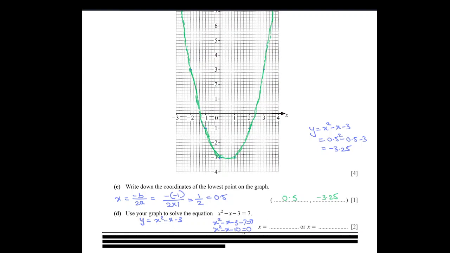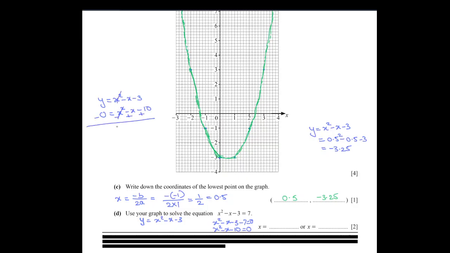Now we'll subtract these two equations. Y is equal to x square minus x minus 3 and 0 is equal to x square minus x minus 10. Subtract, all the signs change.